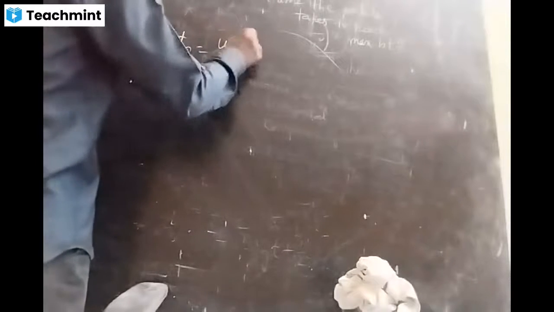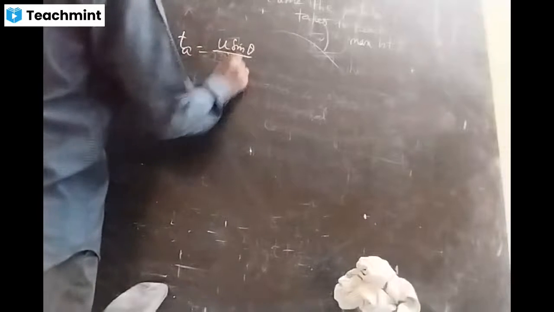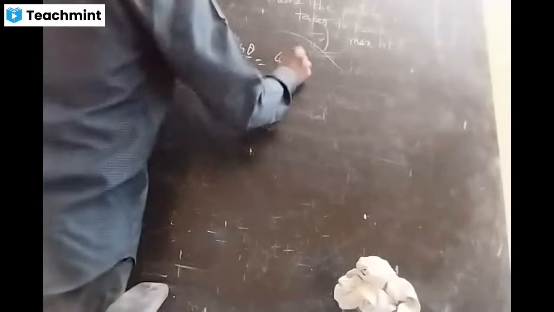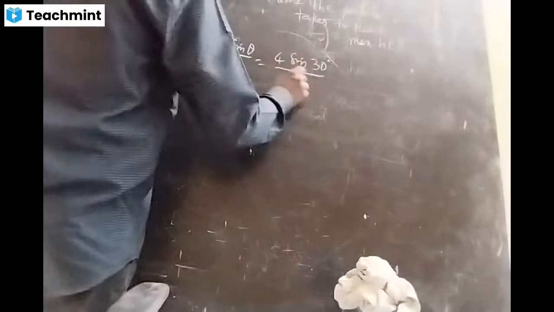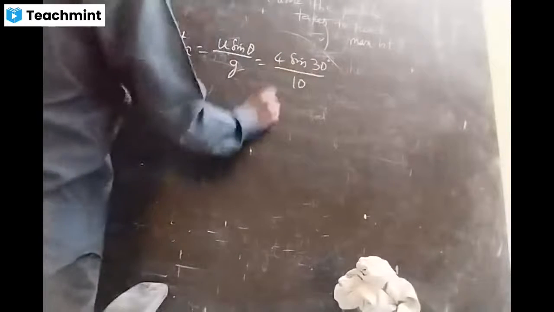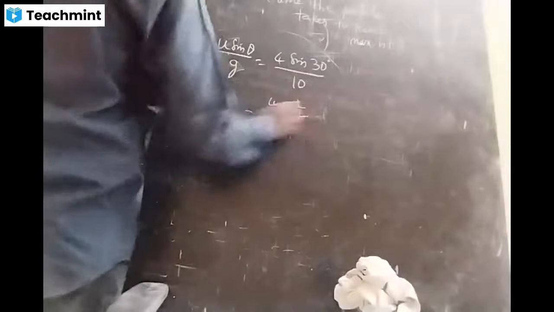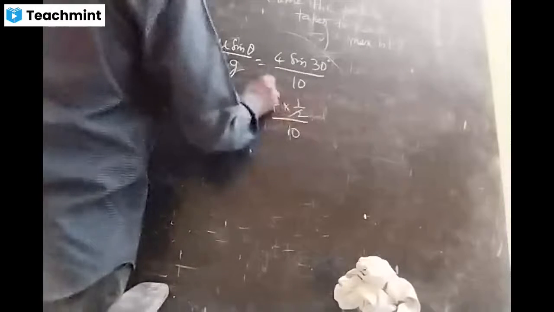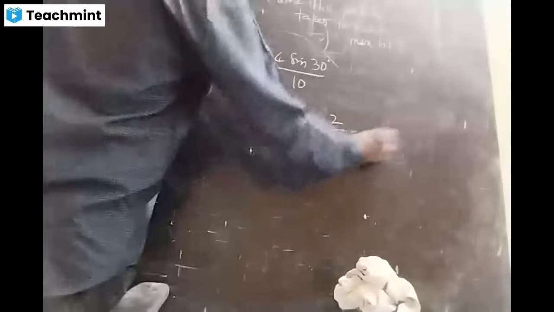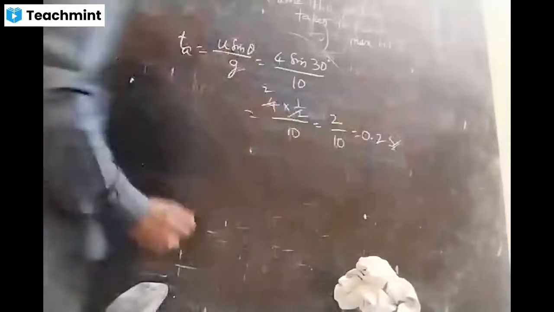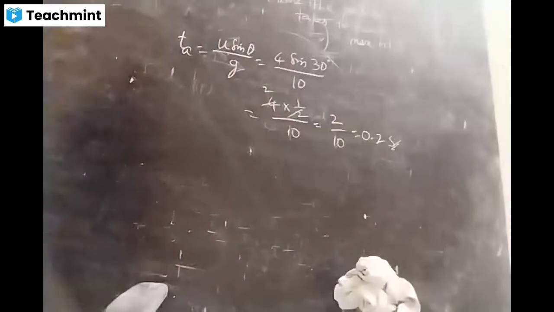U sin theta upon g. U is 4. 4 sin 30 by 10. 4 into 1/2 by 10. This comes to 0.2 seconds. In 0.2 seconds the maximum height is reached.